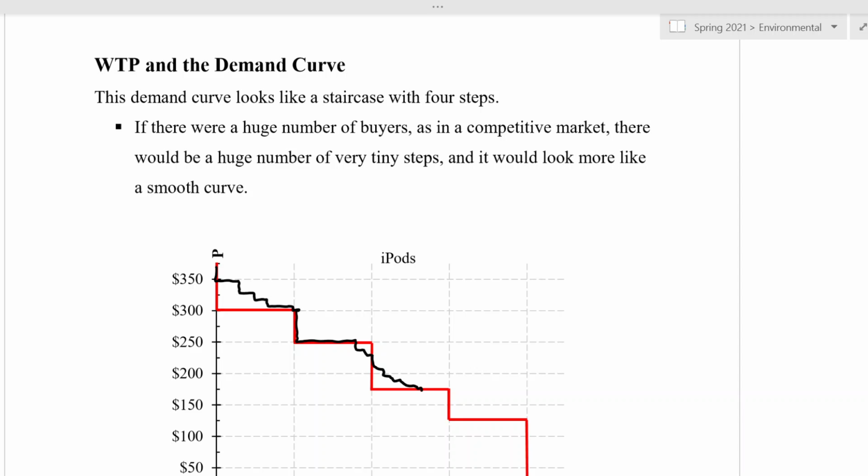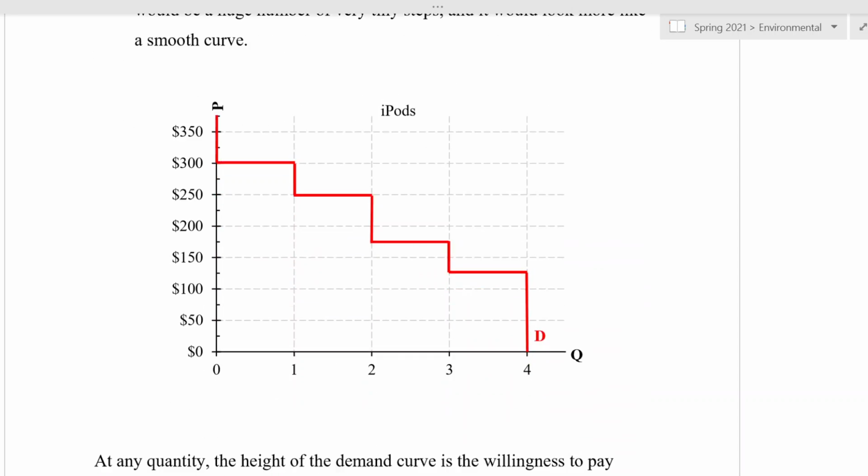But then there are going to be a bunch of other people, and as you have more and more, this demand curve is going to get smoother and smoother until eventually it's what we're used to with a nice smooth market demand curve. Okay, and so the other thing that we can see, and this is important, is that the demand curve represents each marginal person's willingness to pay.